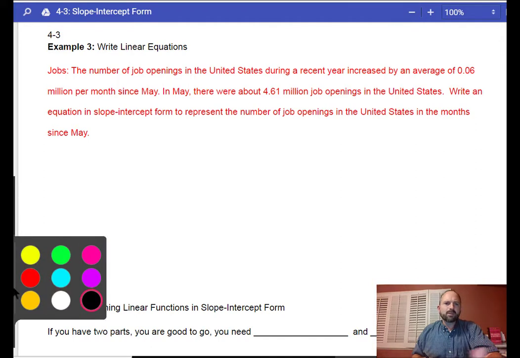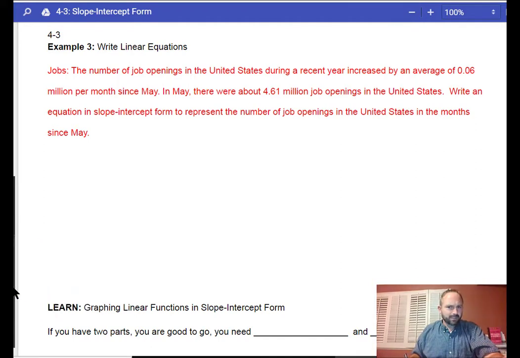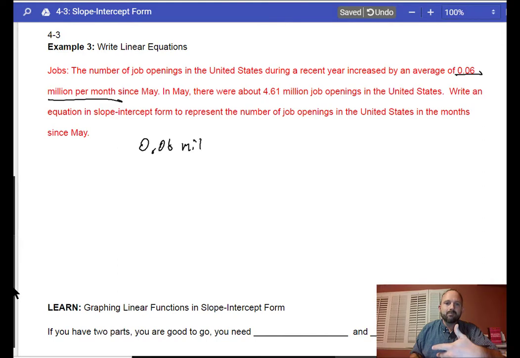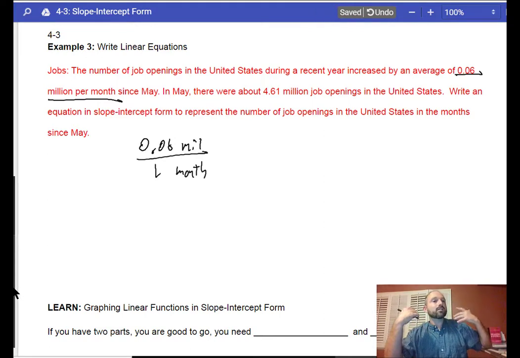Jobs. The number of job openings in the United States during a recent year increased by an average of 0.06 million per month. Okay, so I know that this right here is a rate. It's 0.06 million per 1 month. So I know this is going to be our slope, rise over run.